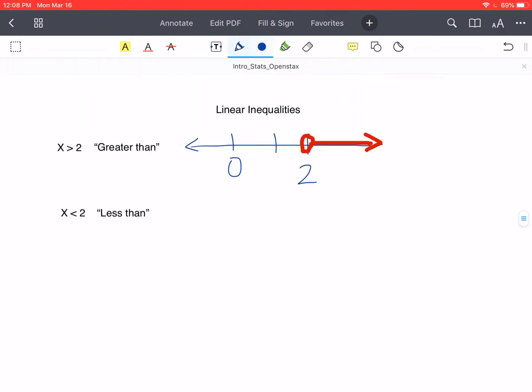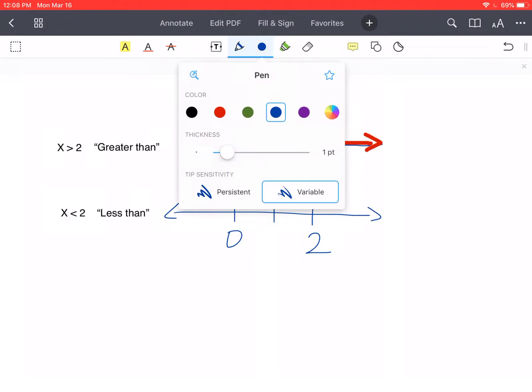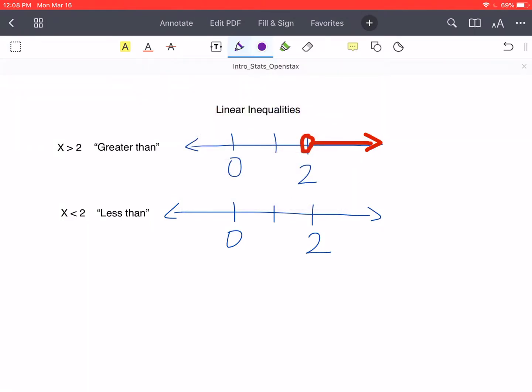On our number line this time, there's 0, there's 2. This time we want all the values that are smaller than 2, heading onward, and of course, again, not including 2. So we want all the values smaller than 2.